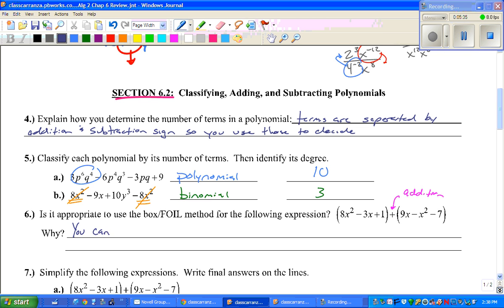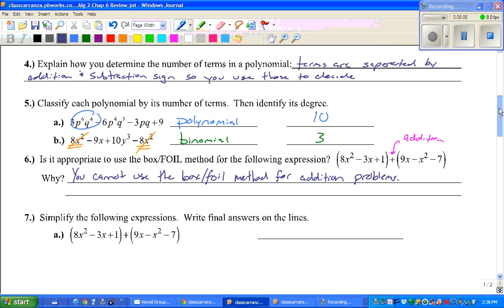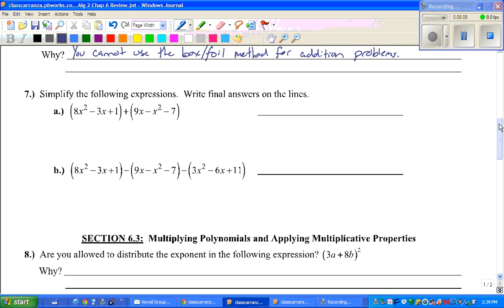No, you cannot use the box or FOIL method for addition problems. There's a plus sign between the polynomials, so that means you don't do box or FOIL. Now here are some examples like that.